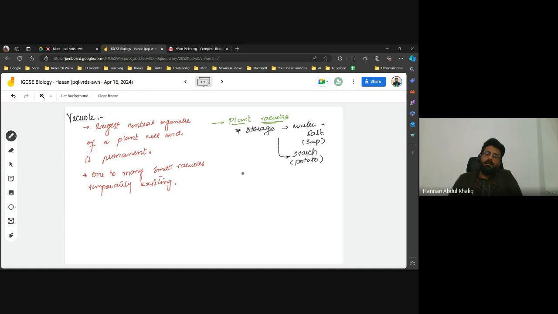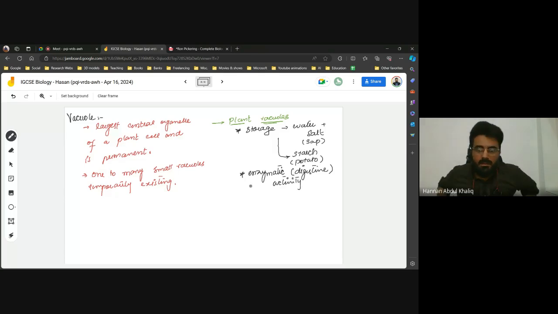Similarly, another thing that vacuoles can perform is the enzymatic activity, or you can simply say digestive activity. They can break anything. In some plant cells, they can kill the bacteria, and they can digest the carbohydrates or lipids into smaller particles.